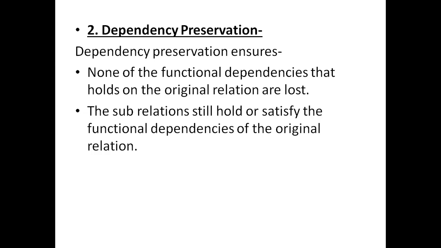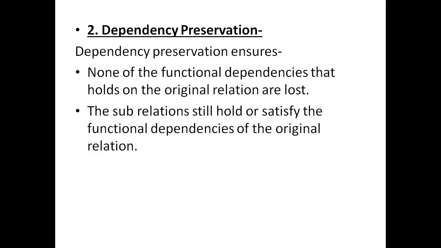If student number is the primary key, then based on the student number, student name and student address are dependents, functionally dependent on the first column, student number. If I split this into other tables, that functional dependency should not be lost. This is going to be checked by dependency preservation.